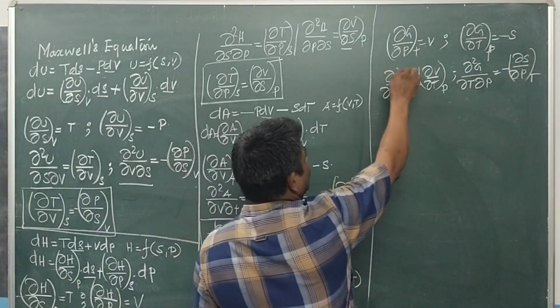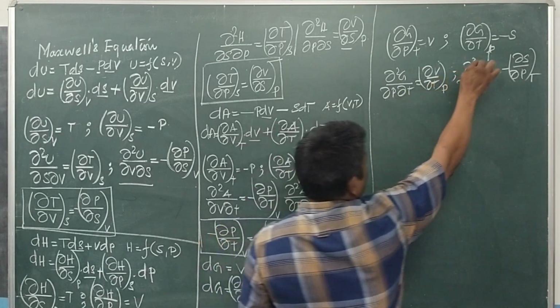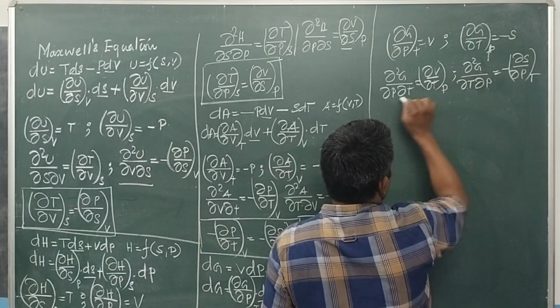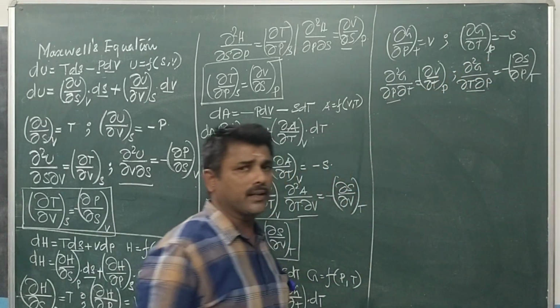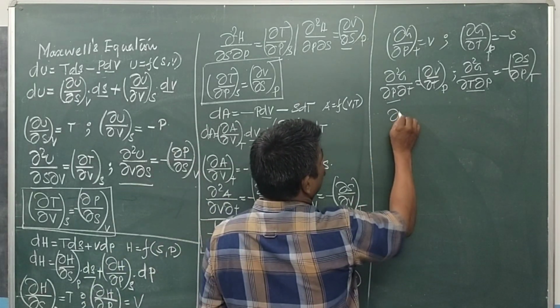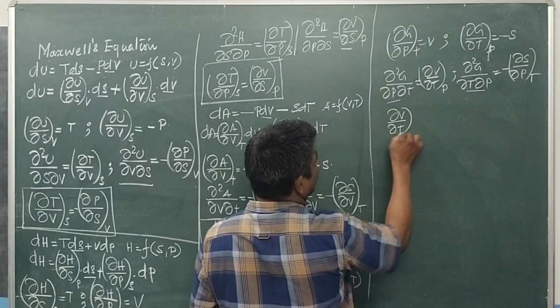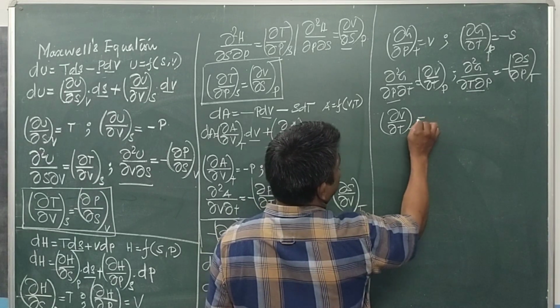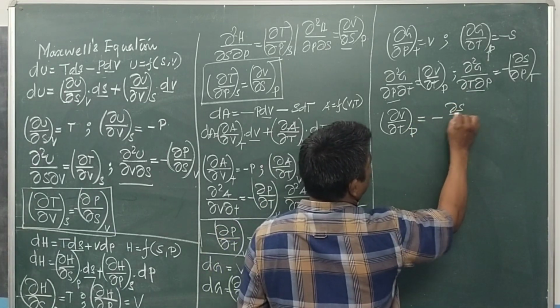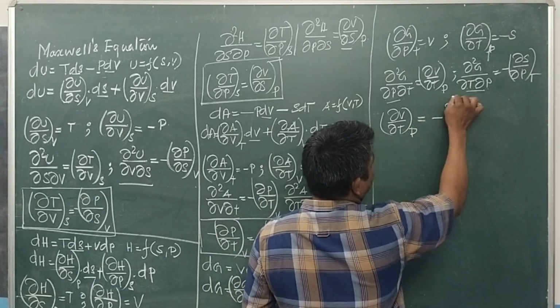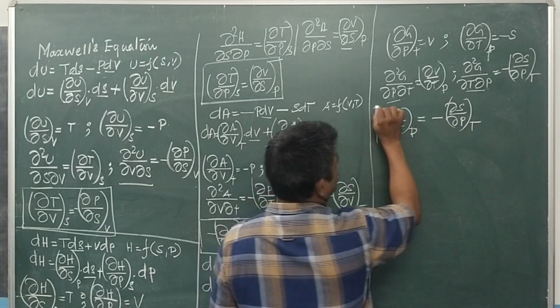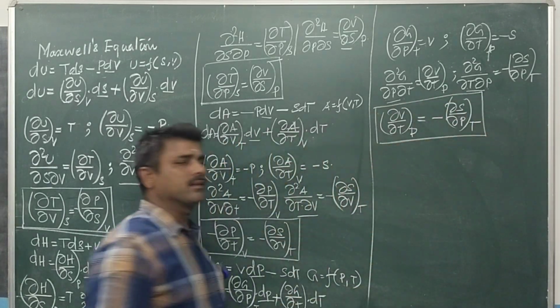See, both mixed second derivatives are the same. Hence, I am going to write like this: dou V by dou T at constant pressure is equal to minus of dou S divided by dou P at constant temperature. This is the fourth Maxwell relation.